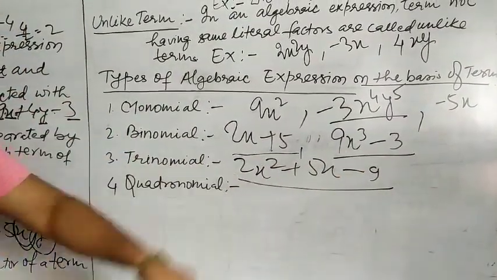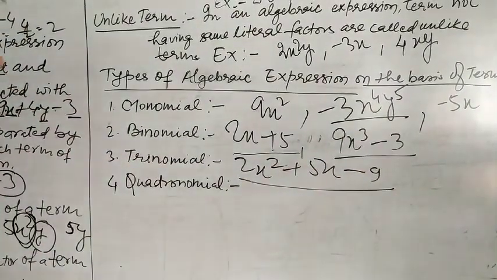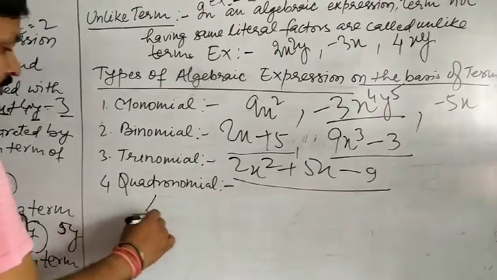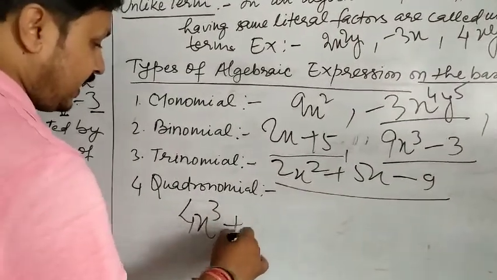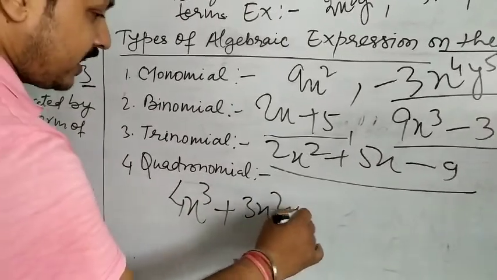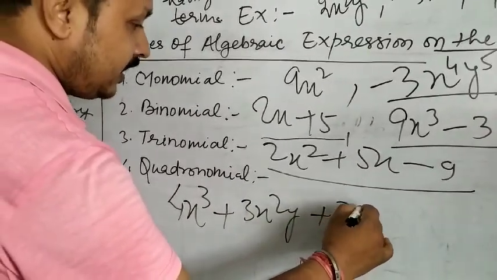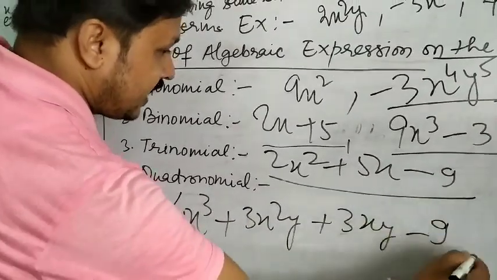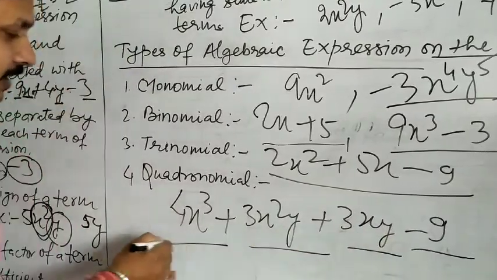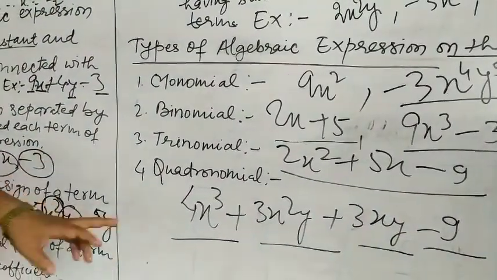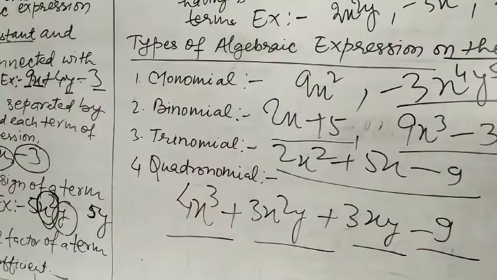So it's called a trinomial. Quadrinomial means four terms: 4x cube plus 3x square y plus 3xy minus 9. One term, two terms, three terms, four terms. It's four terms, so it's a quadrinomial.